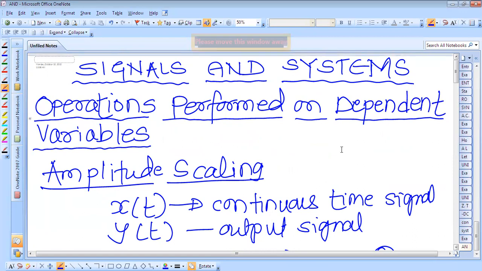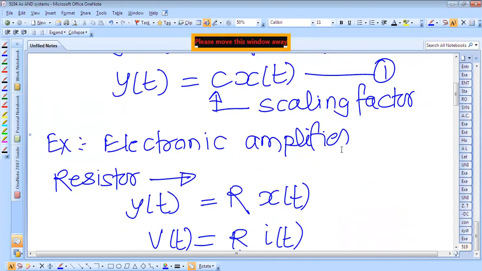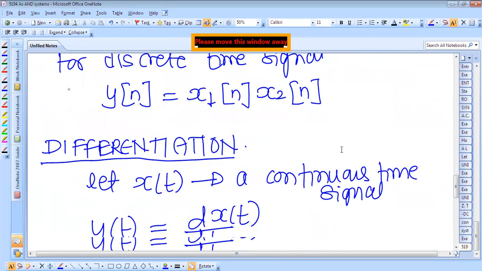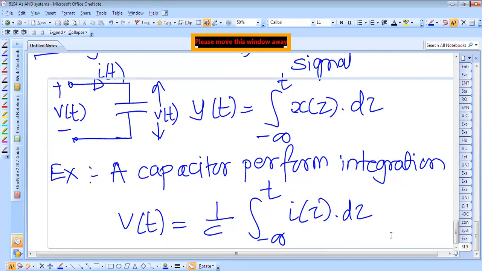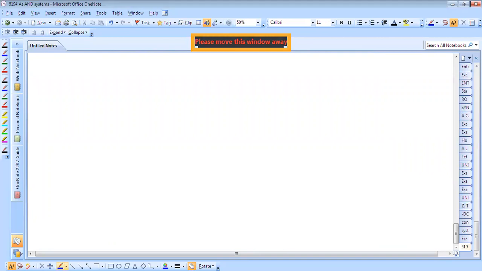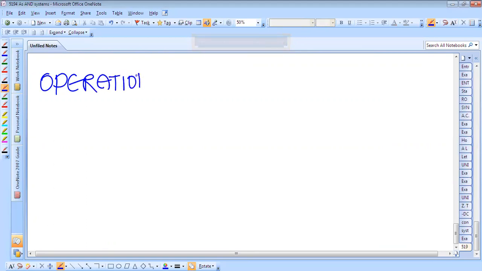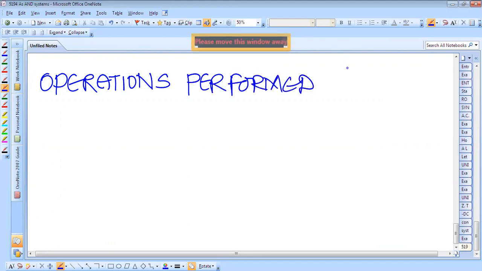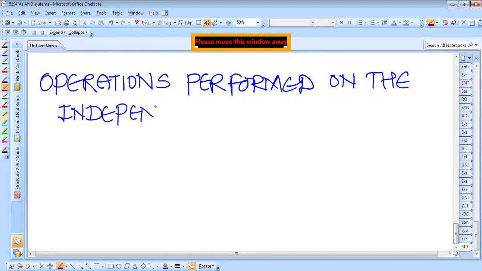Now we'll discuss the operations performed on the independent variable.